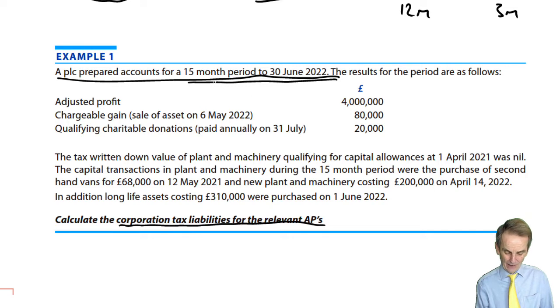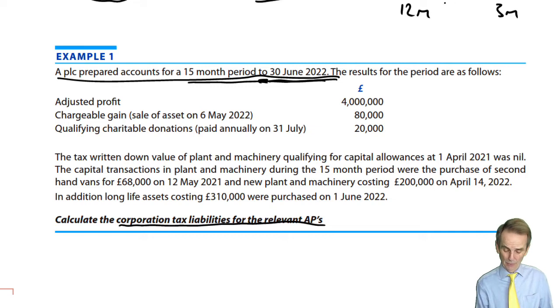Now, it was for a 15-month period to the 30th of June 2022, so it would have begun 15 months earlier, and that would take you through to the 1st of April 2021.